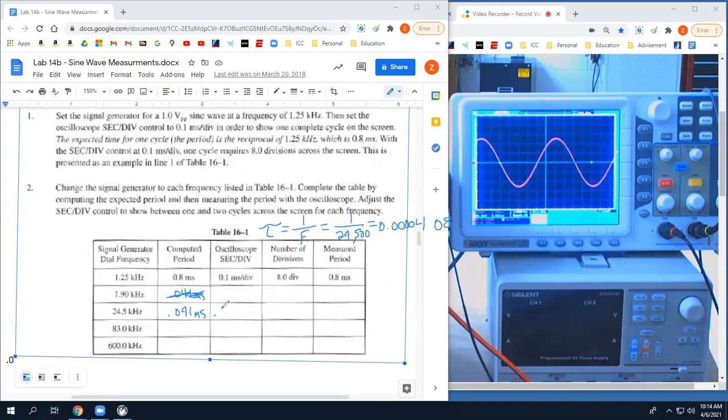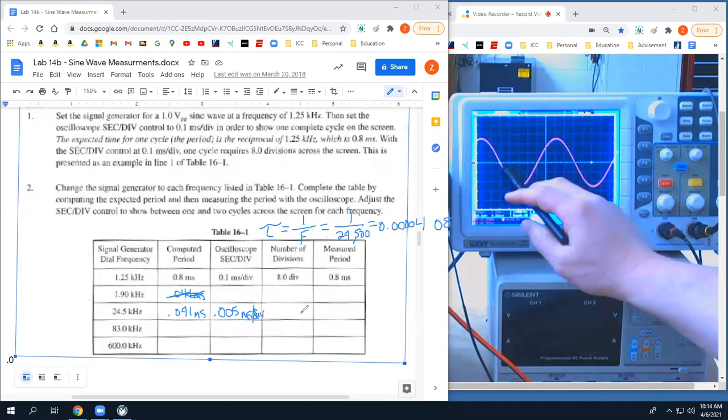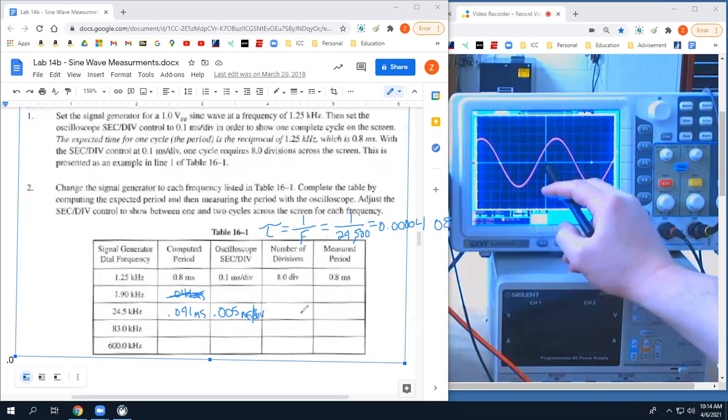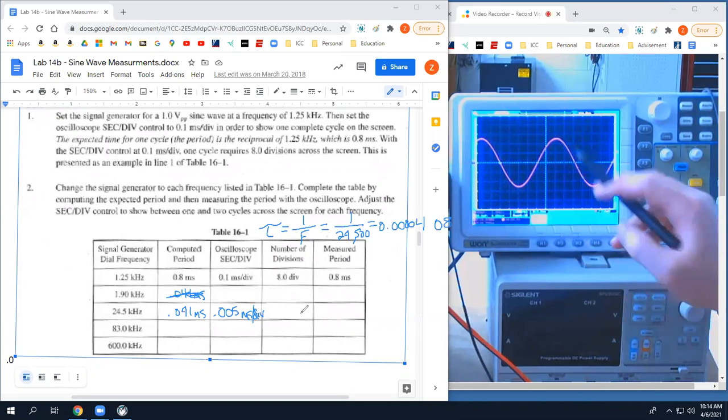Five microseconds is 0.005 milliseconds per division. Count my divisions. 1, 2, 3, 4, 5, 6, 7, 8.2.